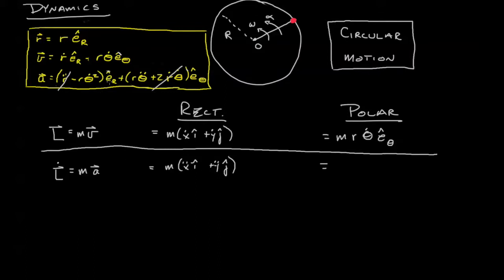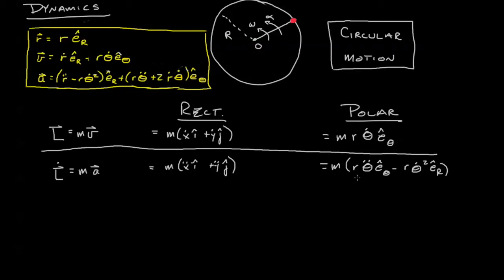We know that the overall acceleration is going to be r theta double dot in the e theta direction minus r theta dot squared in the e_r direction. We got that by simply looking at the acceleration in polar coordinates.